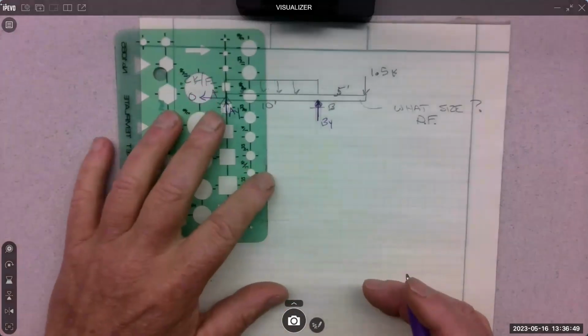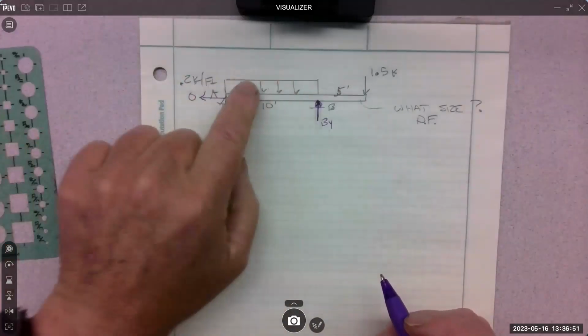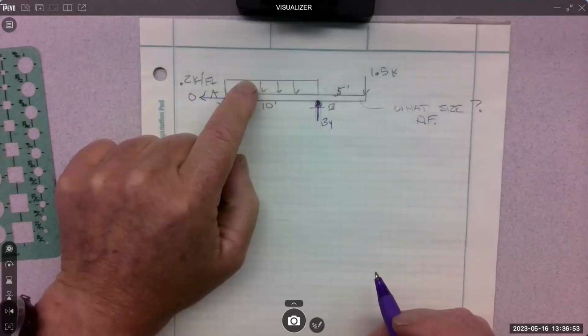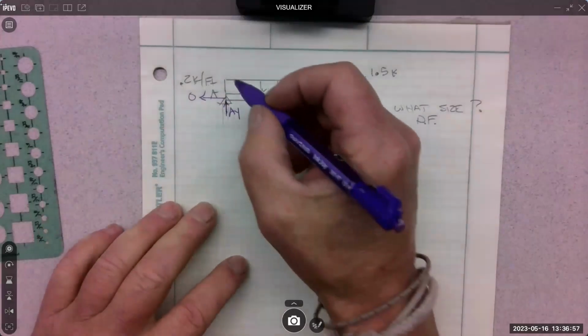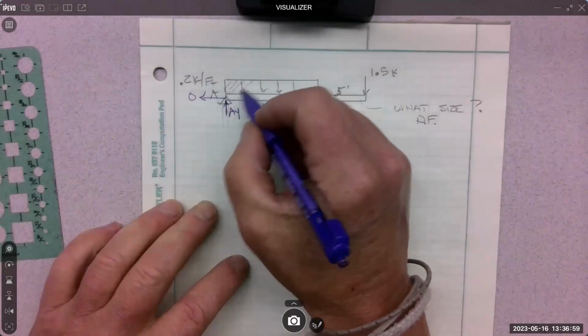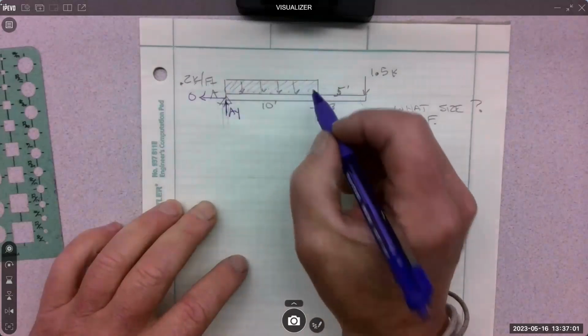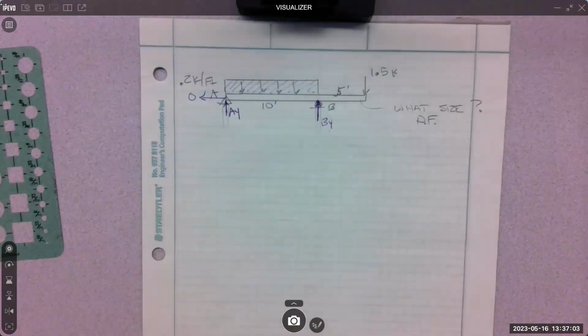So how did we concentrate a distribution? We calculate the area of the distribution. So whatever the distribution looks like, if it's a triangle, we do the area of the triangle. If it's a rectangle, we do the area of the rectangle. If it's a trapezoid, we do the area of the trapezoid.